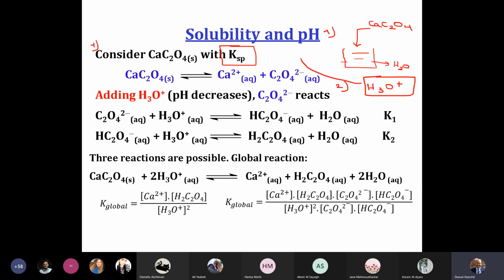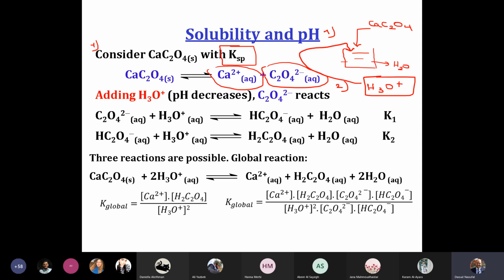So the question: what would happen when adding H+, or what would happen when the pH of the solution decreases? What are the ions present initially in the beaker? In the beaker, we have Ca2+ and we have C2O4 2- at equilibrium. Ca2+ is a spectator ion since it does not appear in a couple acid base.